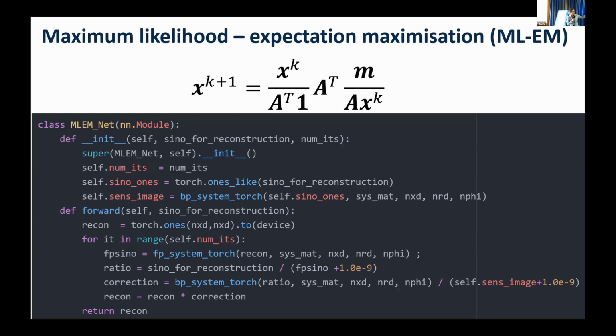We have this forward method as part of that class. And you can see what I'm doing is initializing my reconstructed image with a torch tensor made up of 1s, number of X samples, number of Y samples, and I'm putting it on the GPU, so .to device. And then we're just running through iteratively those operations that I've talked you through.